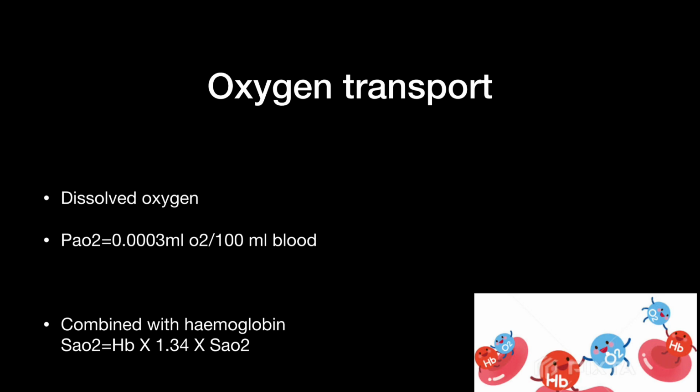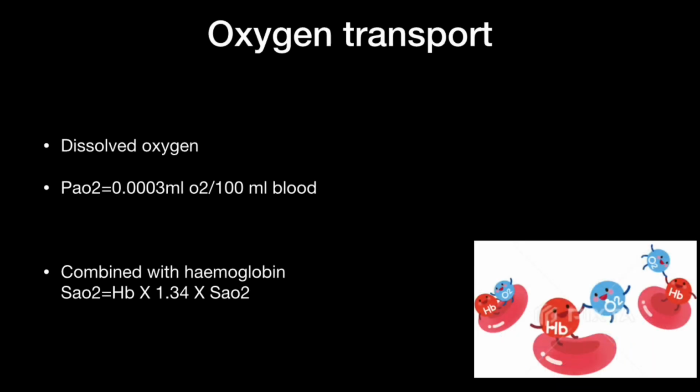So what we've seen here is that hemoglobin is like an efficient sponge. It soaks up all the oxygen which is available in the blood till it reaches almost 100%. So the more dissolved molecules there are, the greater the PaO2 value, and more will be available to bind to oxygen.